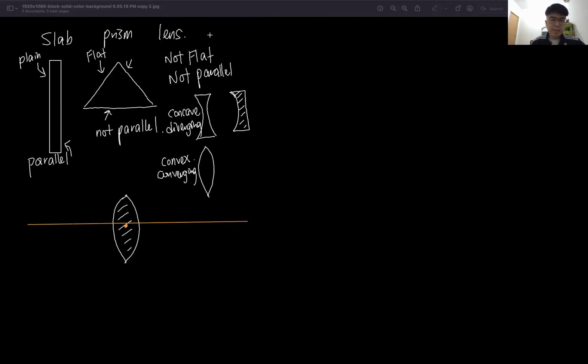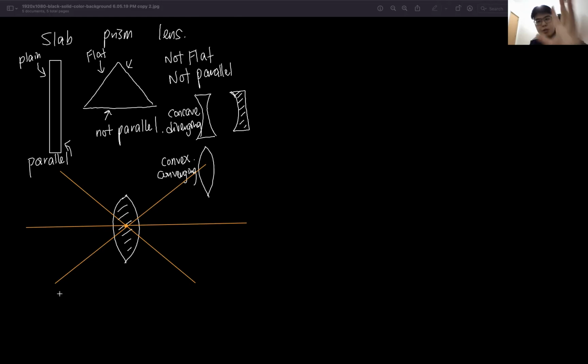This axis is very, very important. You can have this axis, this axis, this axis. All lines that pass through the center are called an axis. But the most important axis is the principal axis. Okay, principal axis.